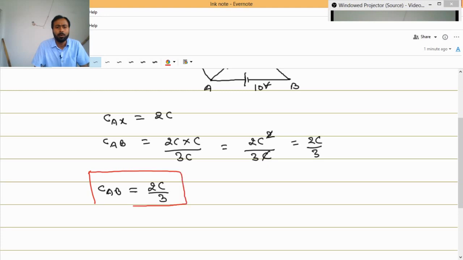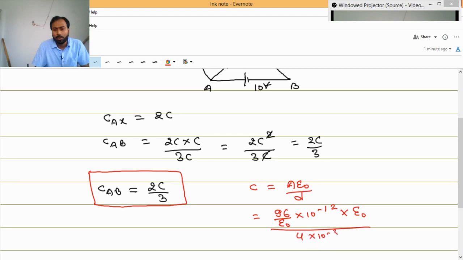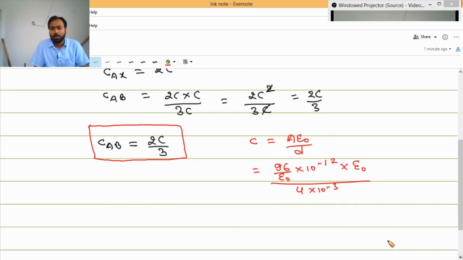Now we have to decide the value of C from the data given in the question. So how will we decide C: it is area times epsilon naught by the separation between the plates. The area given in this question is 96 by epsilon naught, so 96 by epsilon naught into 10 to the power minus 12, and the separation between the plates is 4 millimeter, so it will be 4 into 10 to the power minus 3.